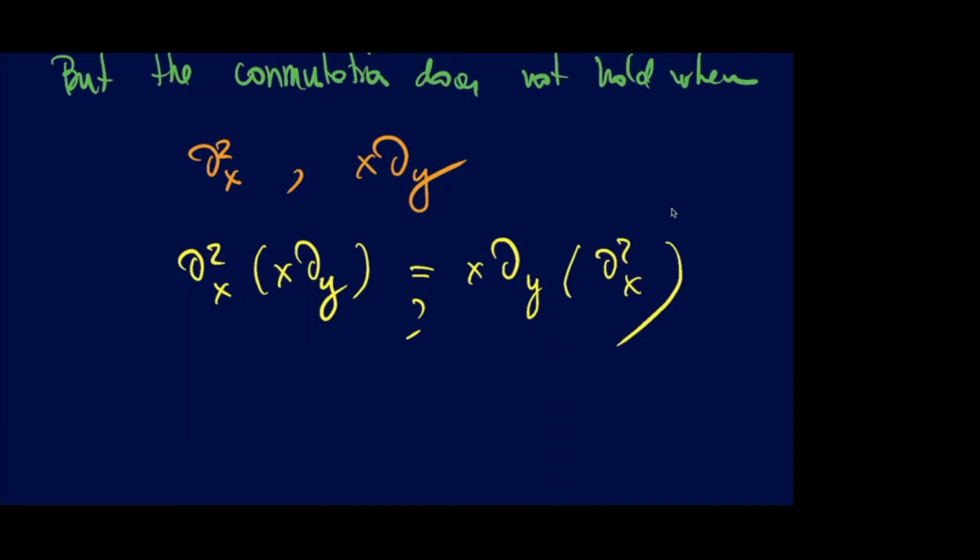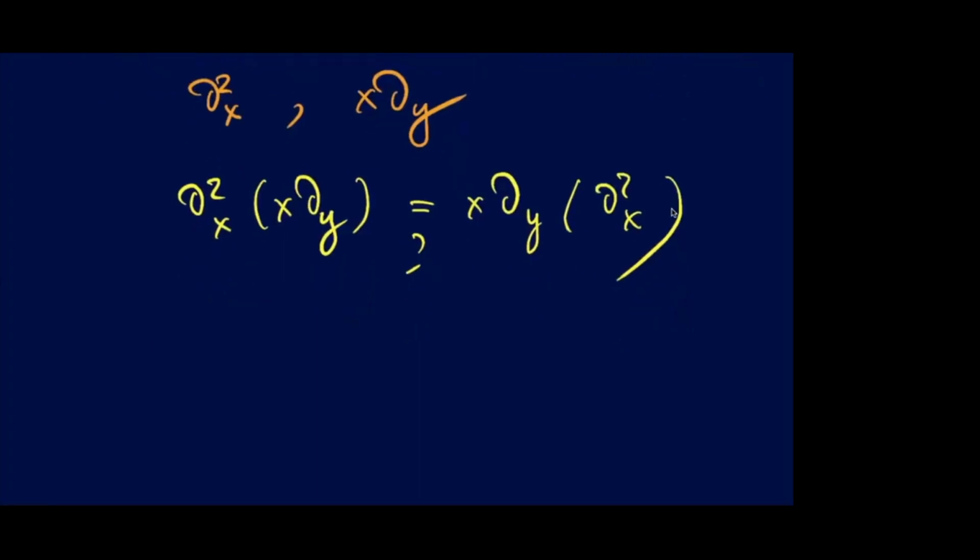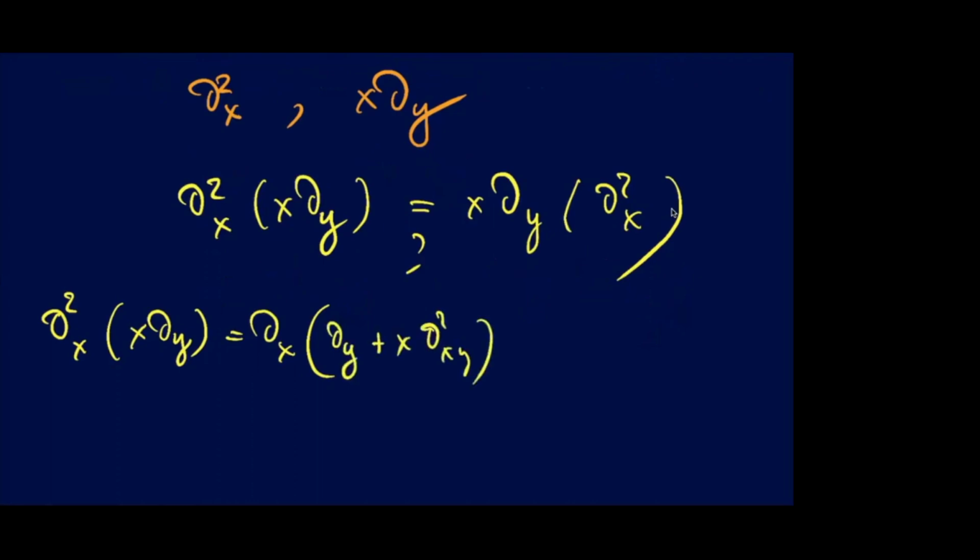Oh, it is 2 phi x phi y. Oh, I see. Thank you, Ma. Let me see. Is this true or not? So let me compute two x derivatives of x dy. I have to take first one derivative and then the other. When I take the first derivative in x of x, I get 1, so I get dy, and then I have x times the second derivative d2xy.